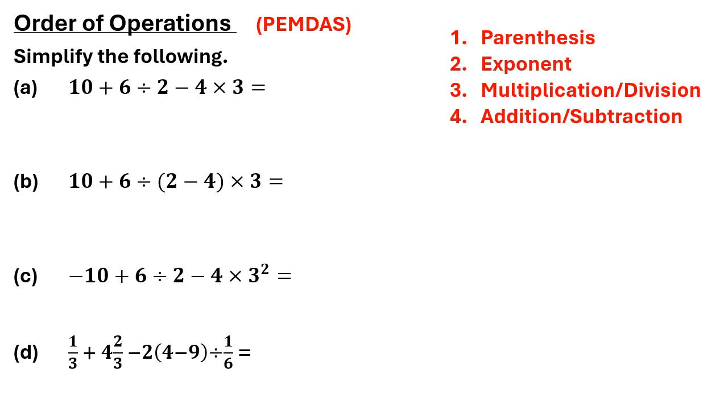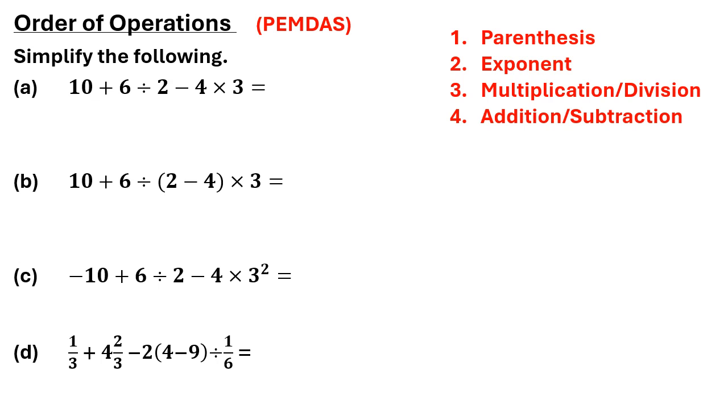But if we have multiplication and division next to each other or in the problem, we would have to do the parts for multiplication and division simultaneously. The same rule would also apply to addition and subtraction. In order to understand what I'm talking about, we are going to start by solving the first problem.